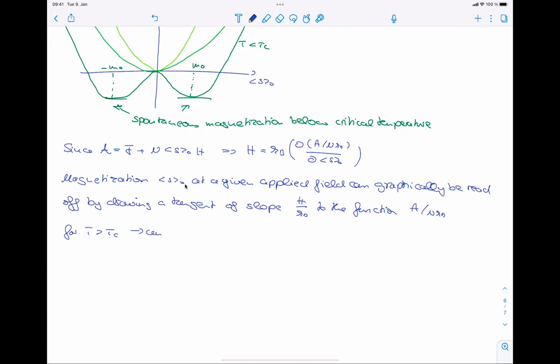But below critical temperature, if we find these tangents, and now we are lowering the applied field, then at h equals 0, we will find two solutions for the minimal free energy.